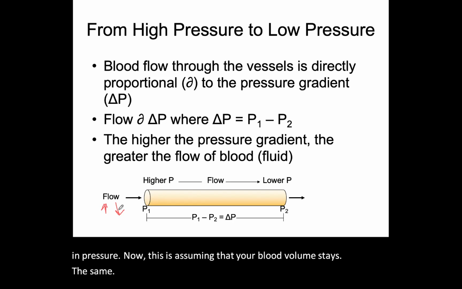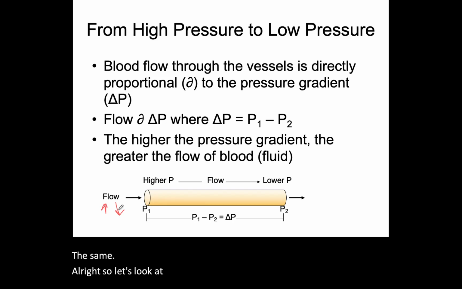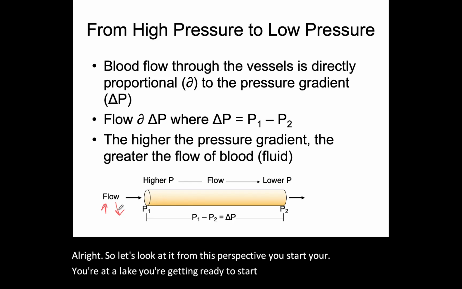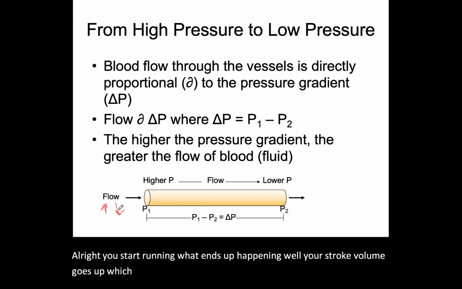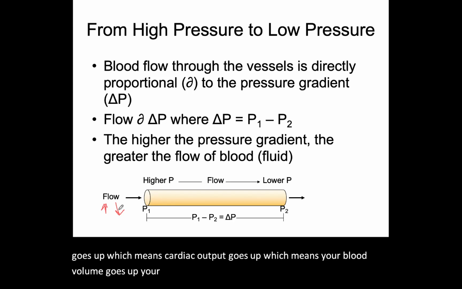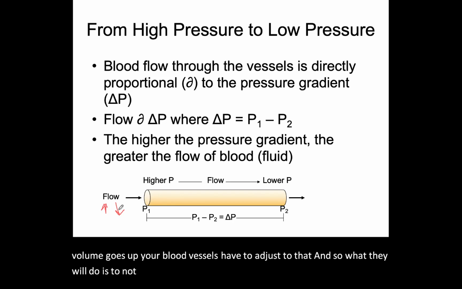All right, so let's look at it from this perspective. You're at a lake, you're getting ready to start running. All right, you start running, what ends up happening? Well, your stroke volume goes up, which means cardiac output goes up, which means your blood volume goes up. Your blood vessels have to adjust to that, and so what they will do is to not over increase the pressure within the arterioles.